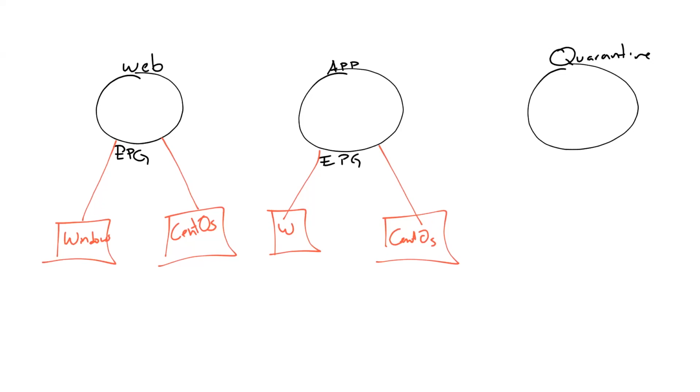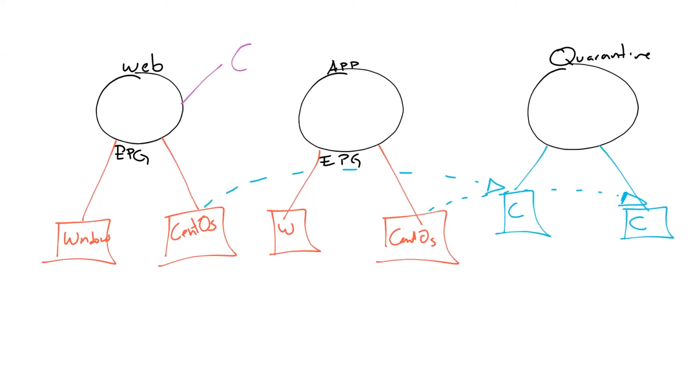So CentOS announces the vulnerability. You're going to move those endpoints into a different microsegment EPG that is going to be completely isolated from the other two EPGs.